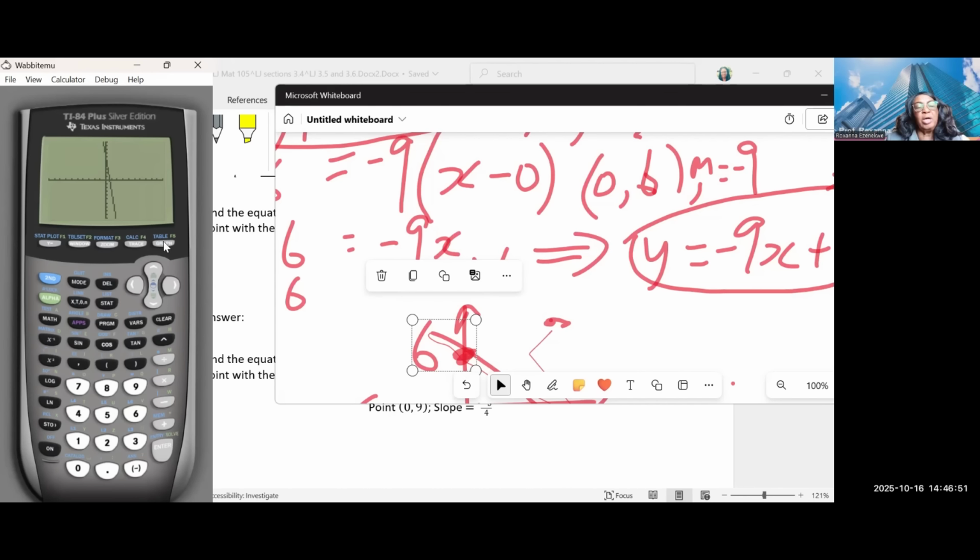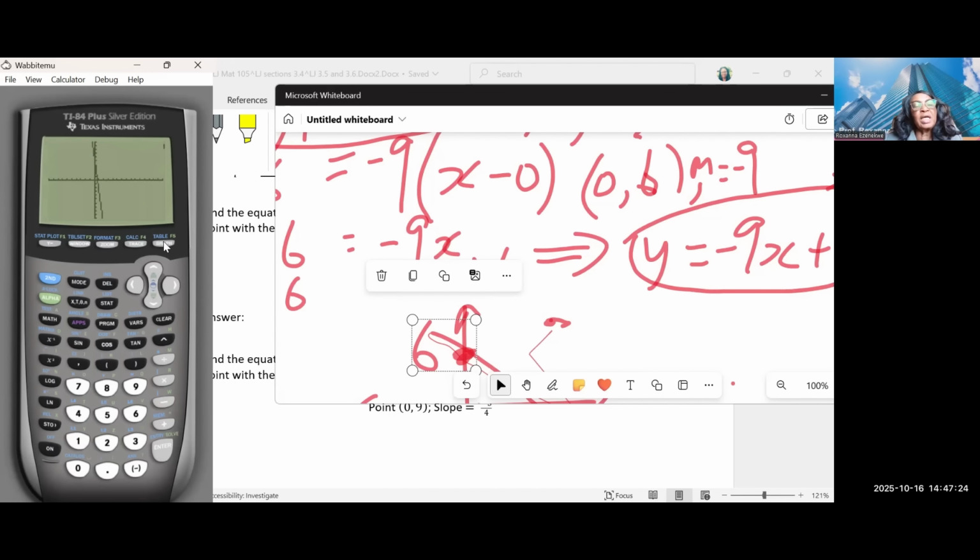I want to make the window smaller, so I go back to my window. In other words, I want to decrease my positive x. Actually, I can make this one bigger, and I can zoom fit if I want to.